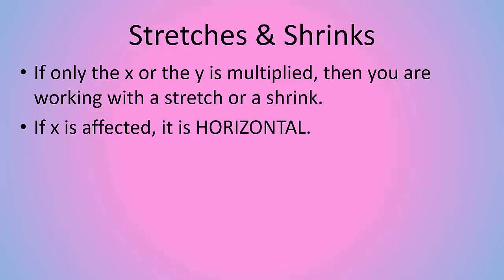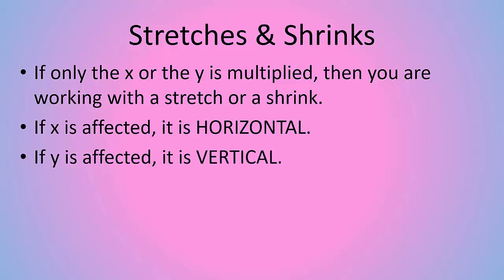Shrink means it's getting smaller. If y is affected, it will be a vertical stretch or a vertical shrink, which makes sense because our x values affect everything left to right on our graph. That's horizontal. Our y values affect everything up and down.